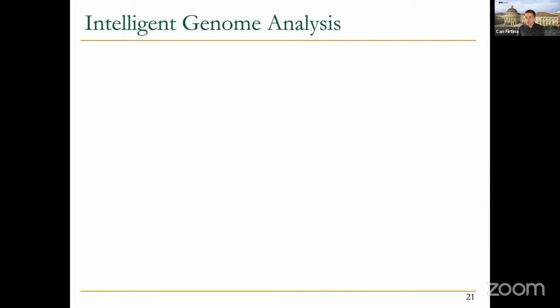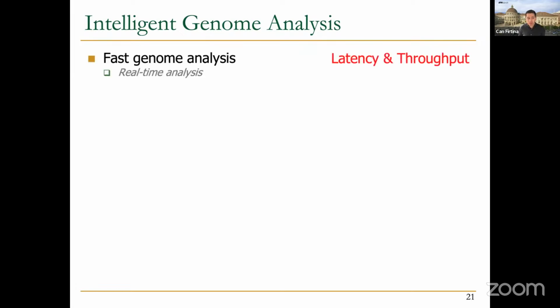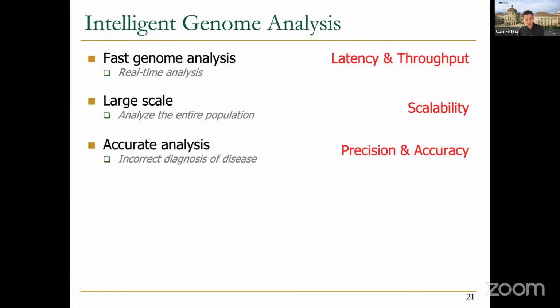And when we talk about intelligent genome analysis, we really think about many aspects of the analysis. For example, we want fast genome analysis. Of course, this comes with certain latency and throughput requirements. We want to make large-scale analysis. For example, we don't want our algorithm to be applicable only to a very small, for example, viral genome, but it really also needs to be applicable to an entire population of human samples.